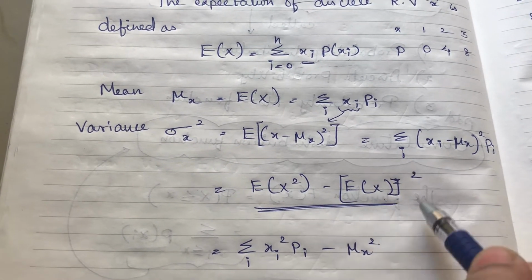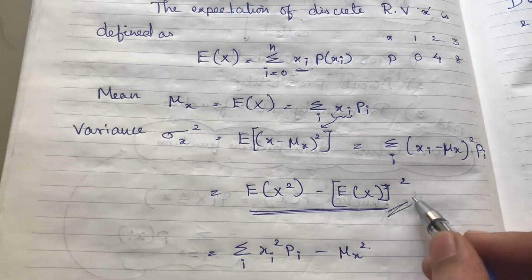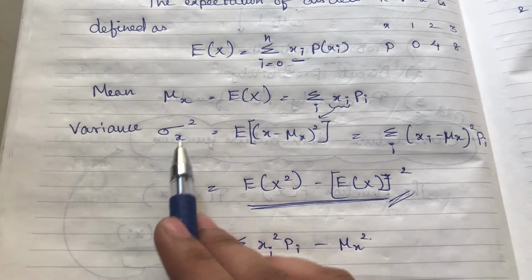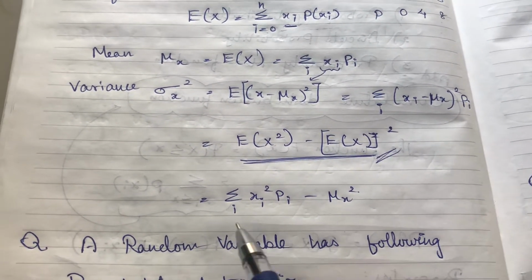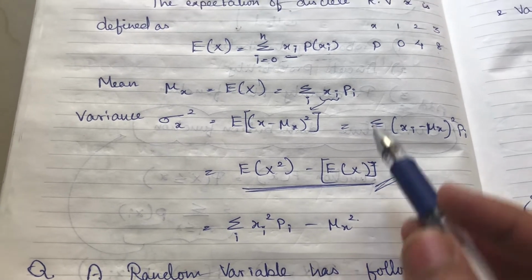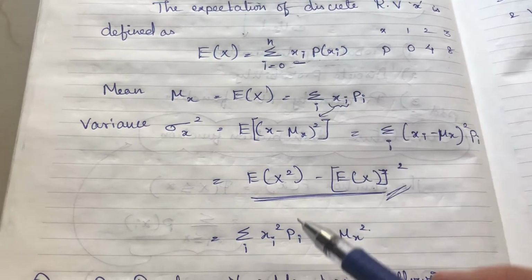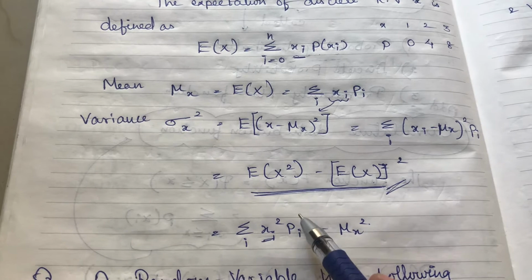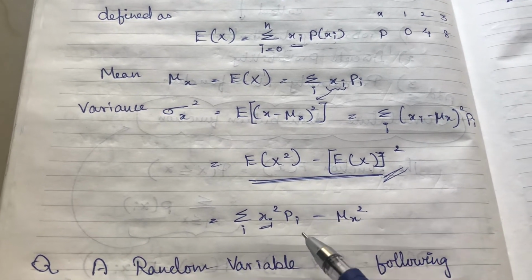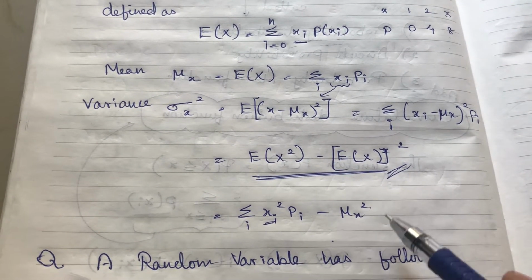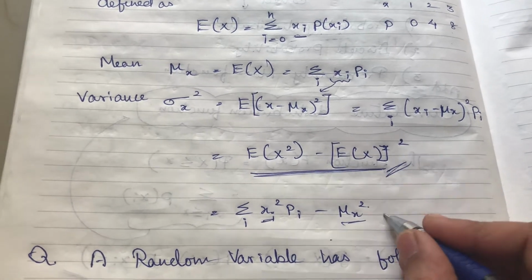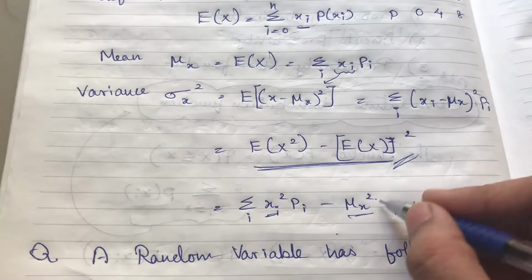This is the formula for variance. It is the summation of x square into p, because here it was only x into p of x, I am just replacing x by x square, minus mu x square. Mu means mean, so mean square, the same formula.